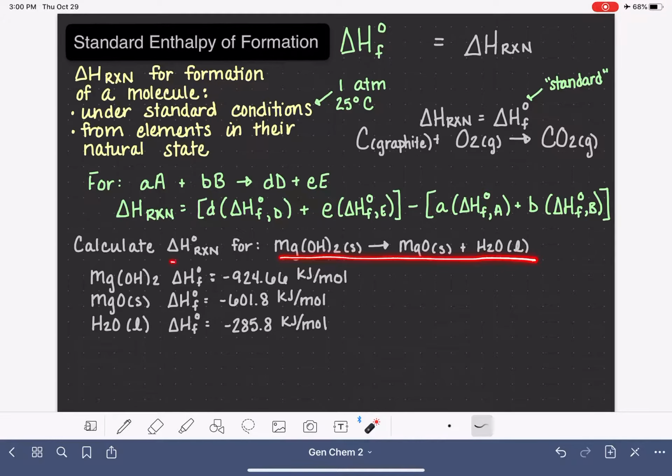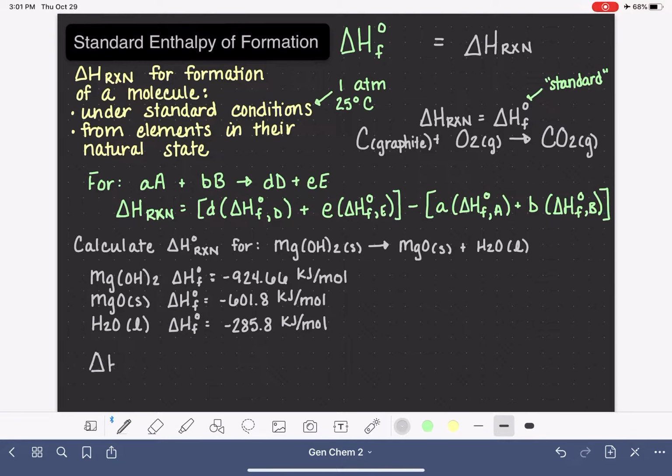We're being asked to calculate the delta H of this reaction using these standard enthalpies of formation. Looking at this formula, the first thing that we have to do is focus on our products. We have to use the enthalpies of formation for each product multiplied by the stoichiometric coefficient for each molecule. In this particular reaction, every stoichiometric coefficient is 1, which is going to make it that much easier for us.